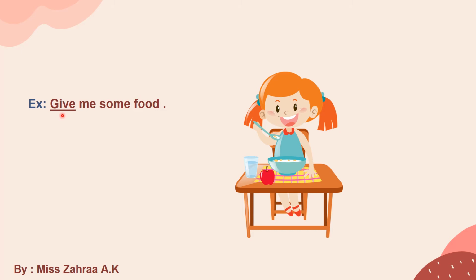It is just the base form of the verb. And we notice the sentence is affirmative, positive, not negative. It is an affirmative sentence but in the imperative form. Give me some food is giving an instruction, giving an order in the imperative form.